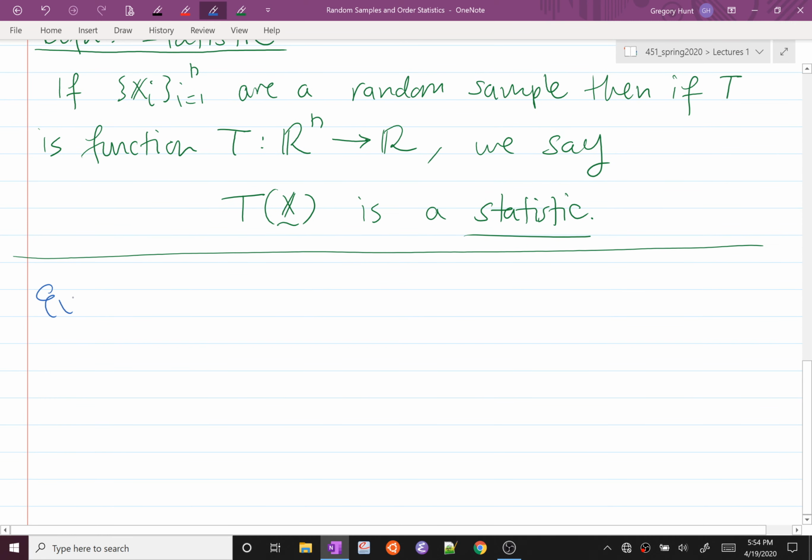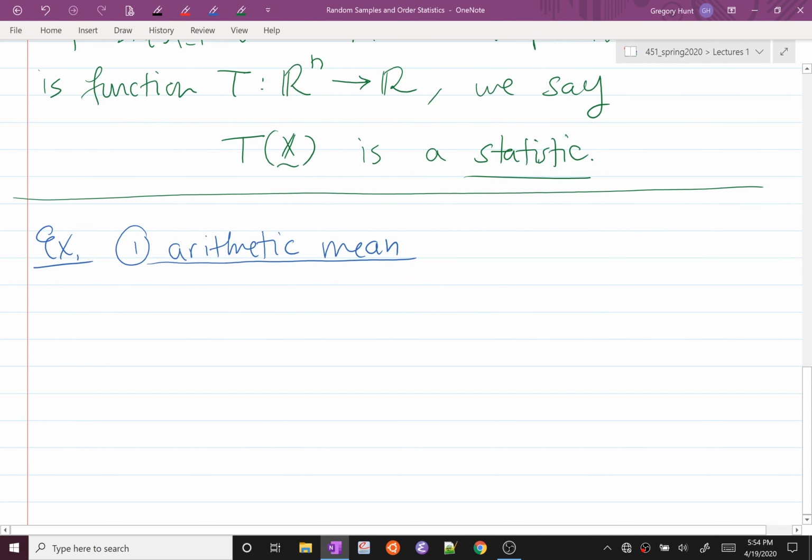So for example, the mean, or more formally the arithmetic mean. Typically we define x bar as 1 over n times x1 plus x2 plus x3 all the way up to xn. That's a very classic statistic, x bar, the mean.